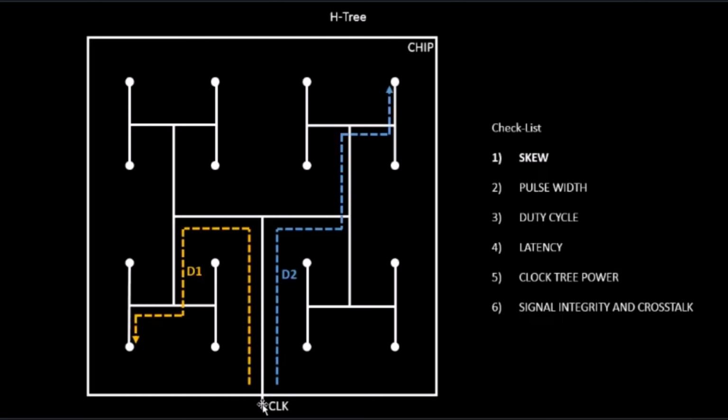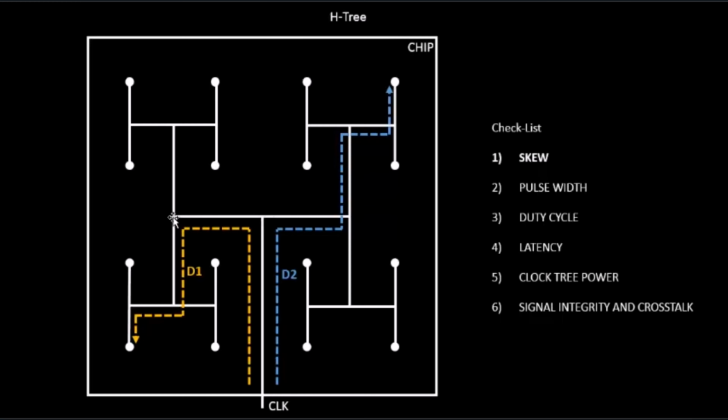From this clock endpoint, you have this one piece of wire which is common, so it is the same. From this point, you have this piece of wire and this piece, both are the same length. Again, it's matching.